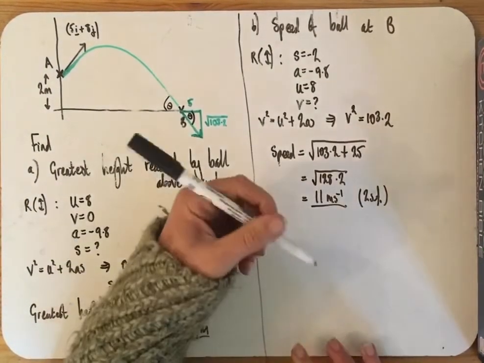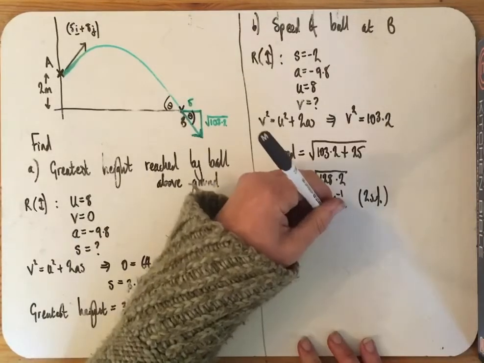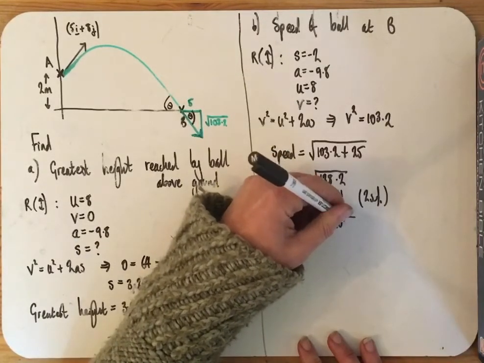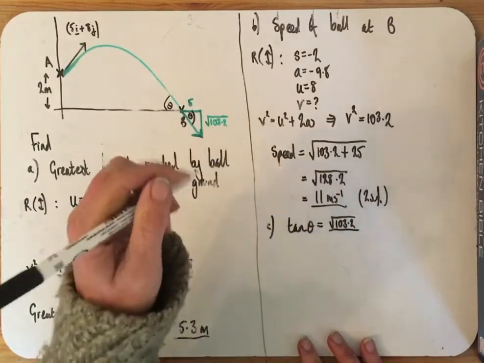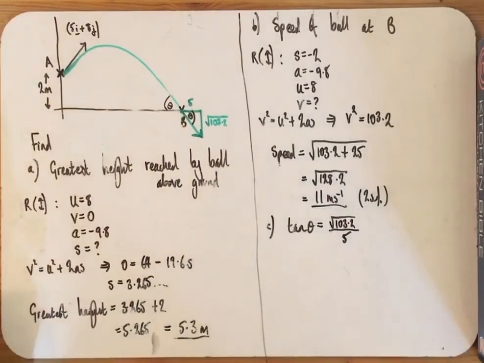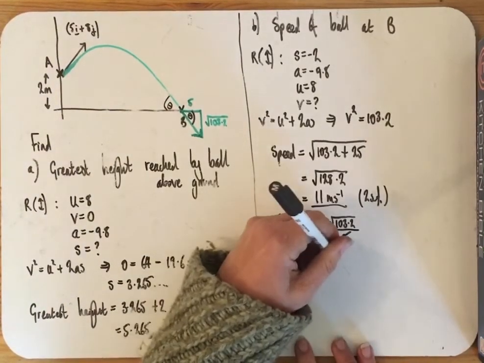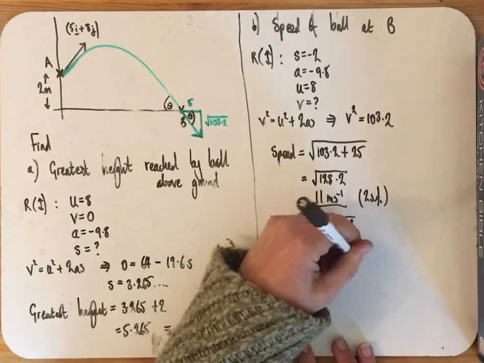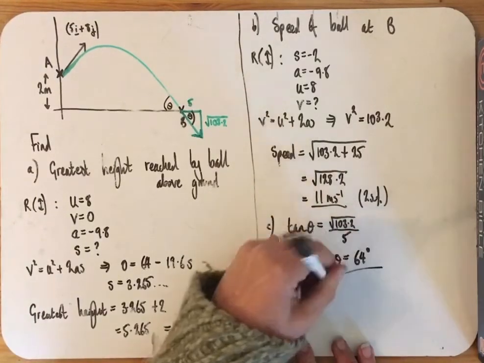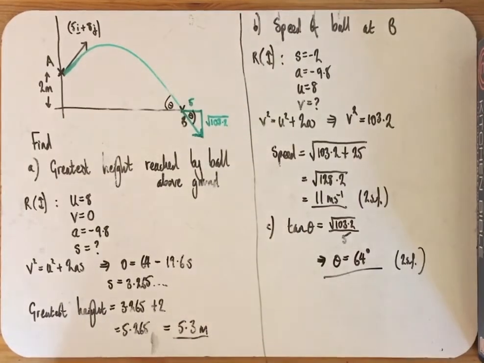And so tan theta is equal to the square root of 103.2 over 5. So tan theta is opposite over adjacent. And from there, you get theta is equal to 64 degrees to 2 sig fig. Hope that's all right.